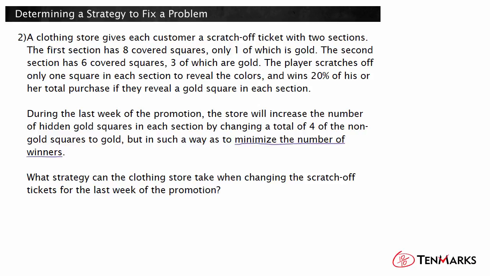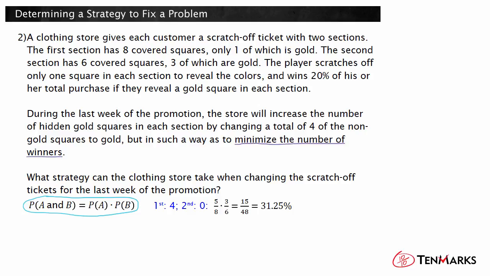To find the best strategy, determine which strategy results in the lowest probability. Remember again that the probability of 2 independent events is the probability of event A times the probability of event B. Adding 4 gold squares to the first row and 0 to the second row means there are 5 out of 8 gold squares in the first row and 3 out of 6 gold squares in the second row.